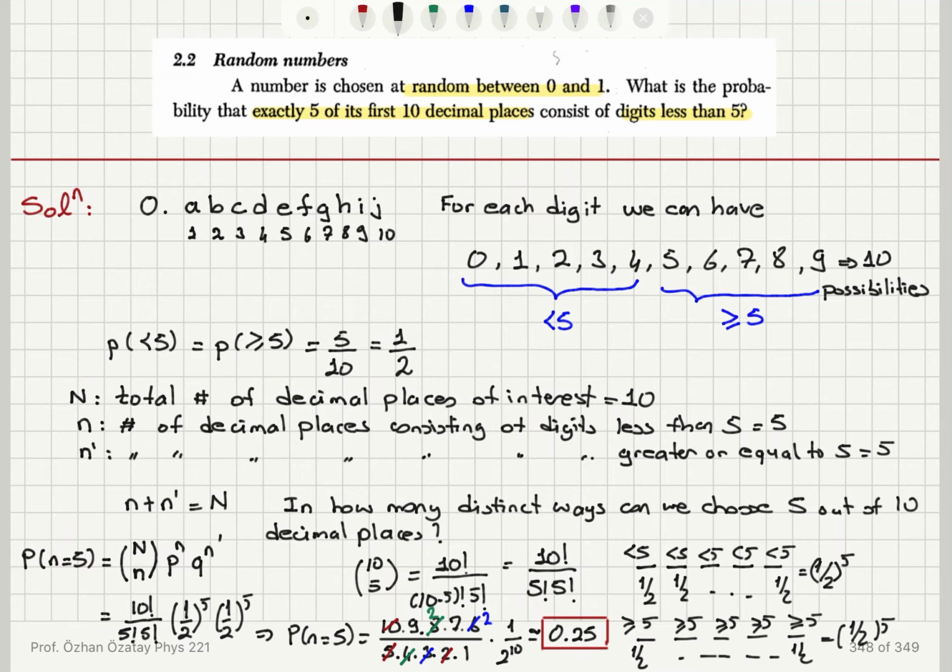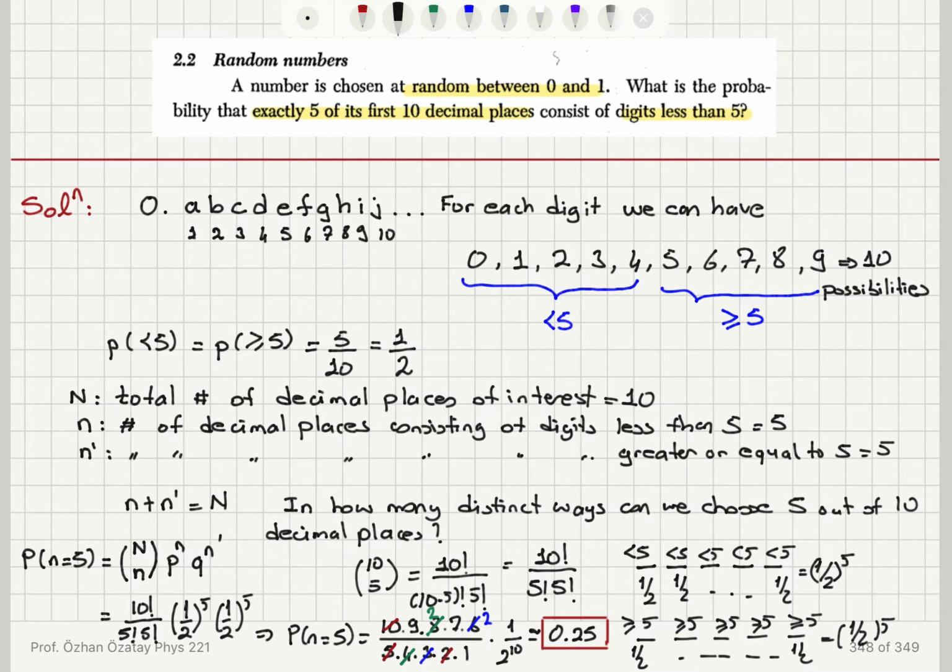Okay, so let's summarize what we said here. We are choosing a random number between 0 and 1. This number will be in the format 0.ABCDEFGHIJ and other decimal places that will follow.